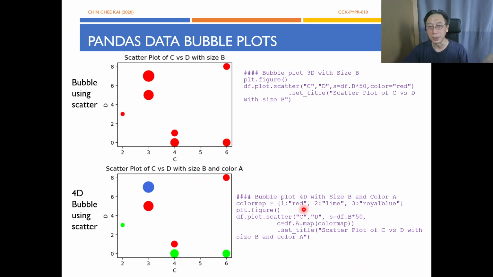So all the ones become red, all the twos become lime, all the threes become royal blue. And this returns an Axes. We are done here, except we just say dot set title, and this is done. So, 4-dimensional charting. This is the most powerful I think we can think of for now.